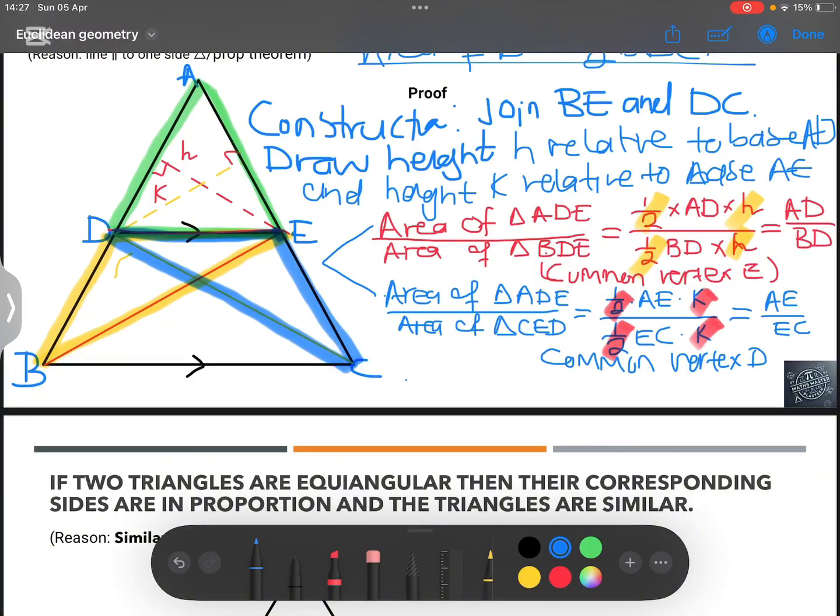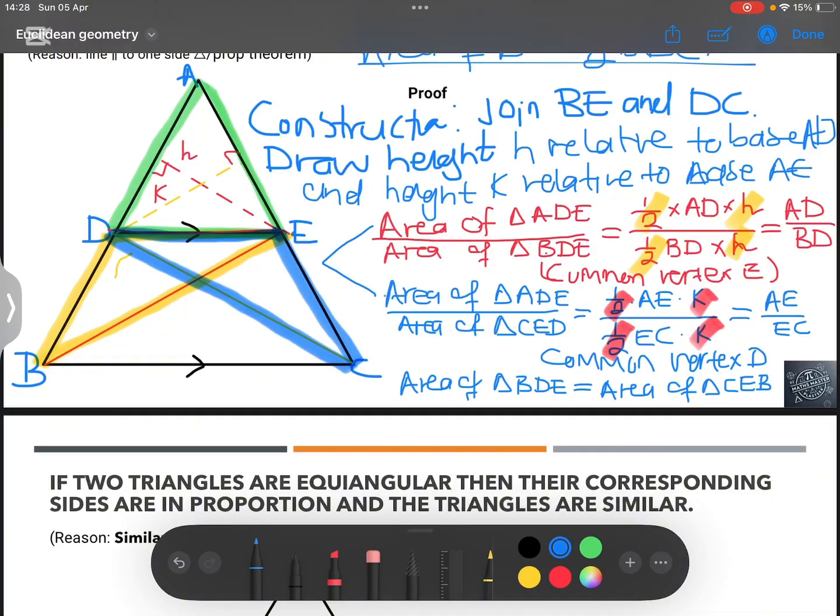And then looking at the area of triangle BDE, it is equal to the area of triangle CEB.